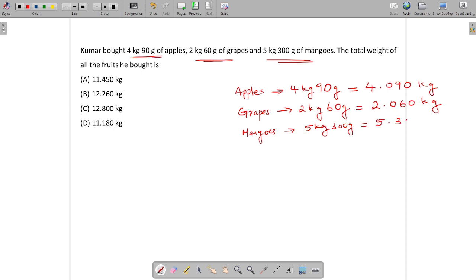We can write in decimals as 5.300 kilogram. Okay, children, let us add this to get the total weight. So 0 and 6 plus 9, 15, balance 1, 4, and then it is 11. So 11.450 kilogram. So the total weight of the fruits is 11.450 kilogram, that is A.